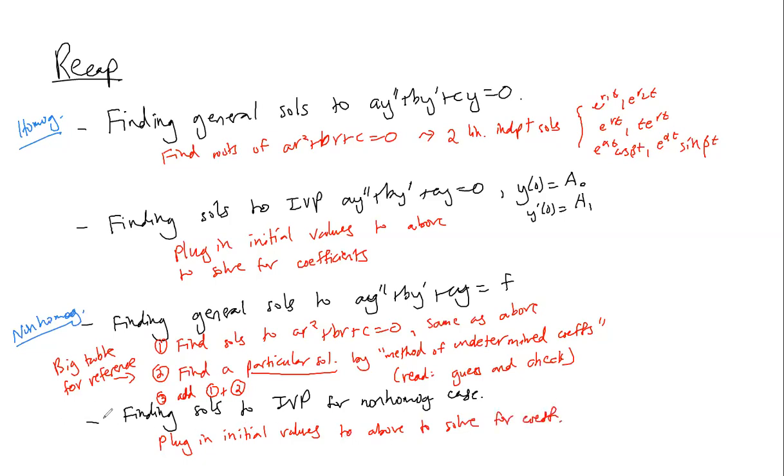So really, this last one's the longest process, right? Because in order to actually solve an initial value problem for a non-homogeneous case, you need to solve the homogeneous case. You need to find a particular solution to the non-homogeneous, and then you need to plug in initial values. So there are a lot of steps going on. Very easy to make mistakes along the way. But this is the one we're going to do examples of today.